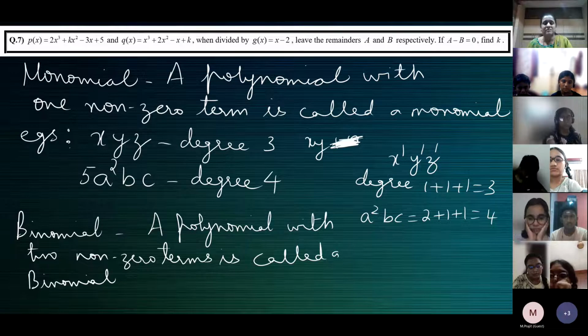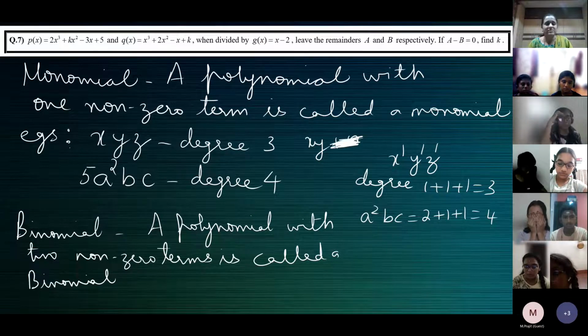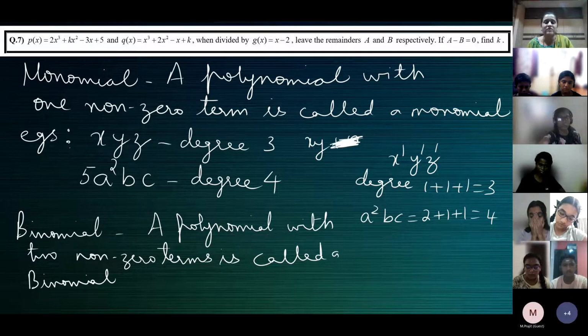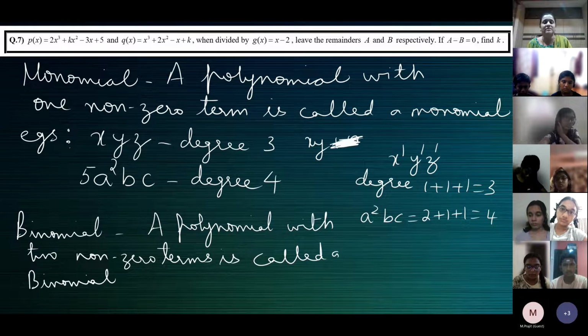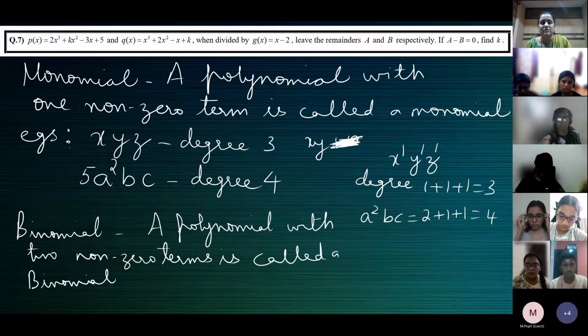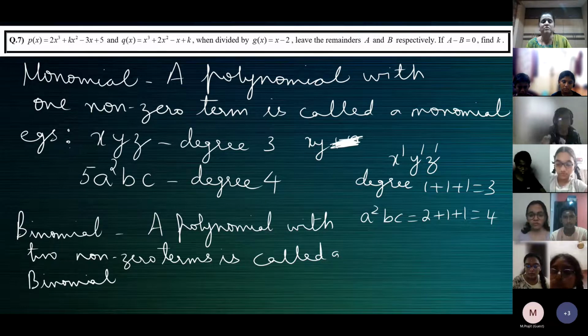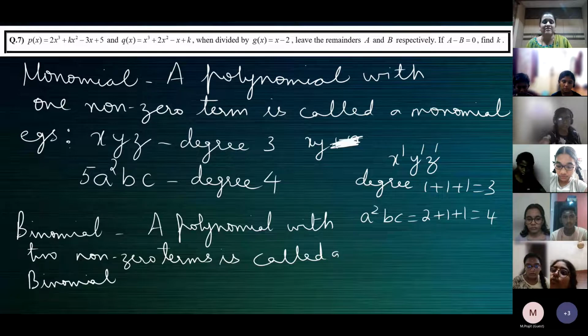If you look at a picture and say it's a tiger, and somebody says it's not an animal at all, then how can it be a tiger? It has to be an animal first. Only then you can call it a tiger. Similarly, it has to be a polynomial in the first place. Only then you can call it a monomial or a binomial or a trinomial. So polynomial is like animal, and monomial, binomial, trinomial are like cats, dogs, elephants, tigers.